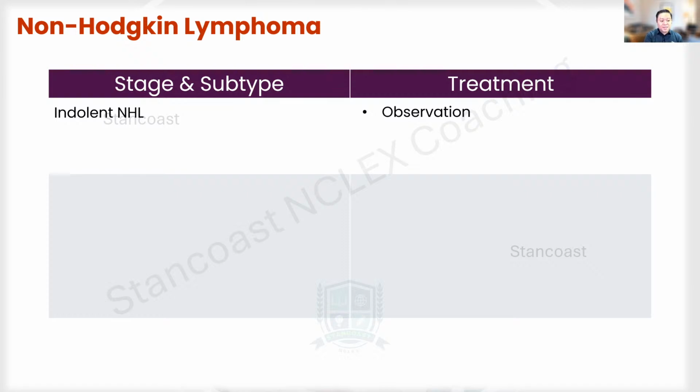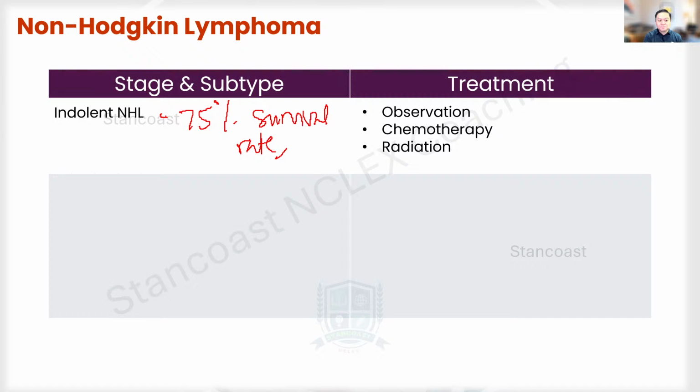The indolent non-Hodgkin lymphoma has a survival rate of 75%. All right. And the treatment here will include observation. They're going to undergo chemo and also radiation. So those are the treatment modalities for the indolent, the milder form.